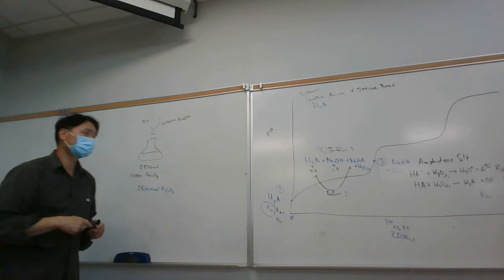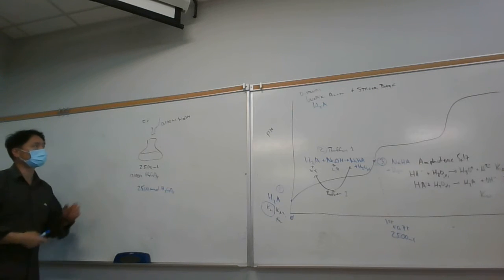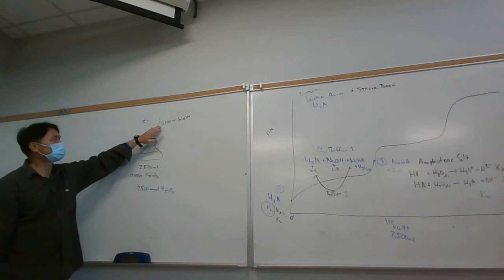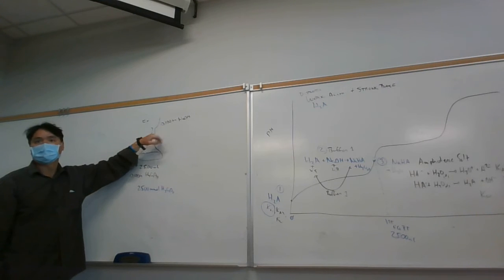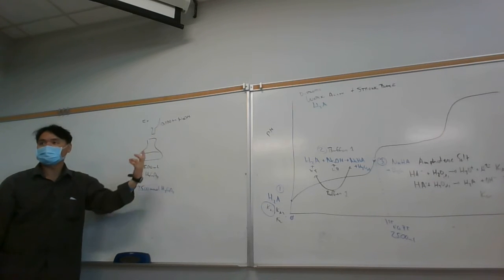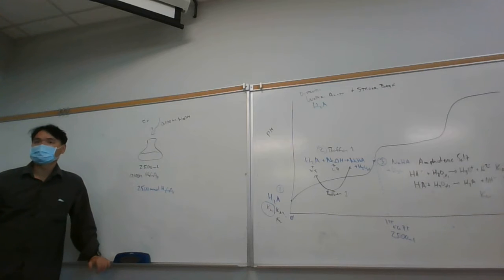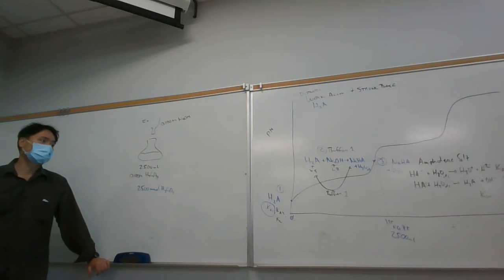Now the book is going to have different scenarios that can pop up. Let's say, for example, I use 0.200 molar sodium hydroxide. So if the sodium hydroxide were twice as concentrated, would I use twice as much or half as much to neutralize? Yeah, I'd use half as much.